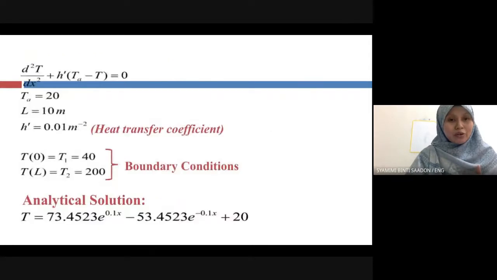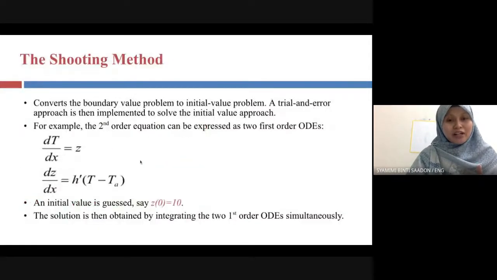If we have a second order equation, we convert it into two first order differential equations like this. We change it into first order, but it becomes two sets of equations since it was second order. So we will now face initial value problems, like last week, which we have learned.